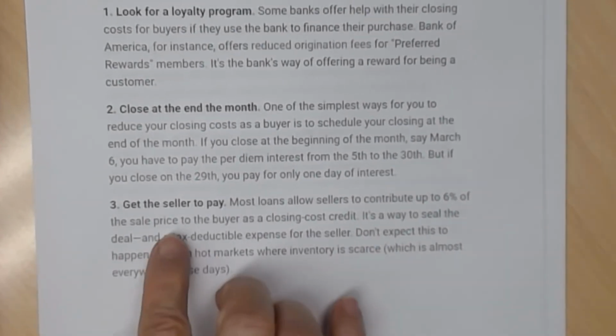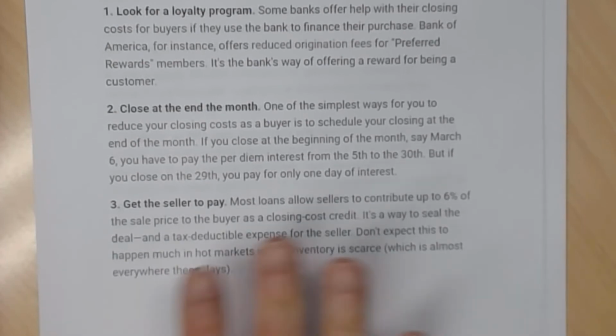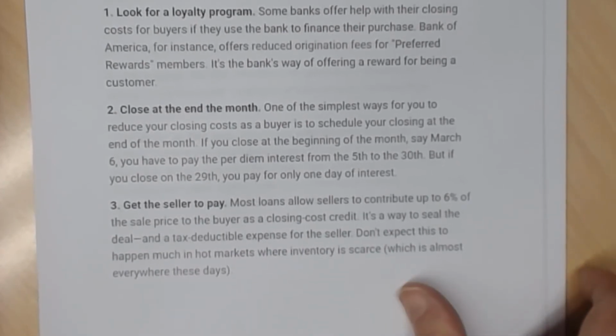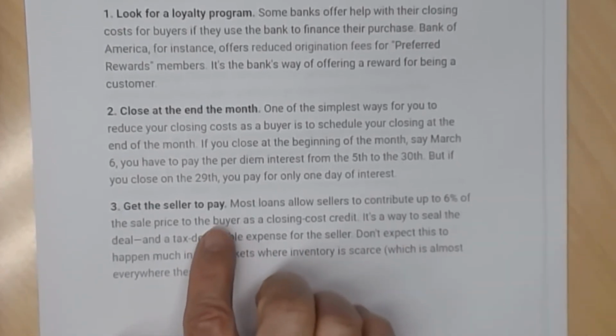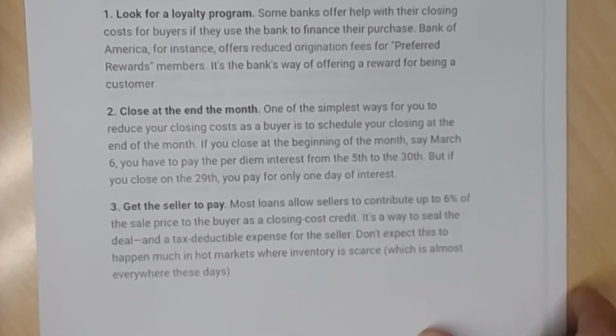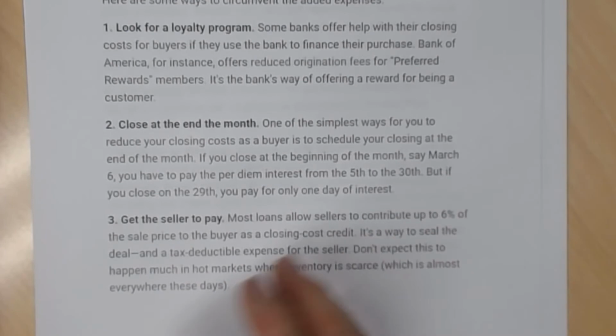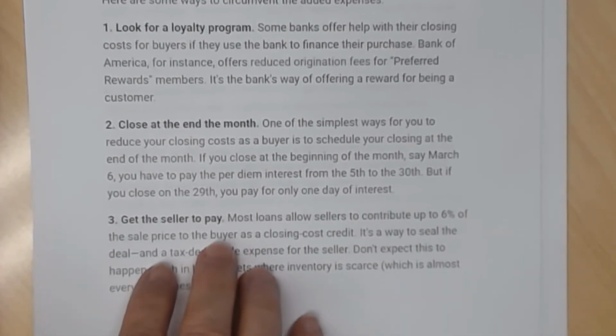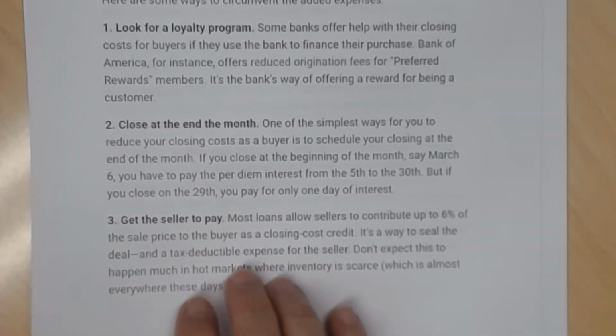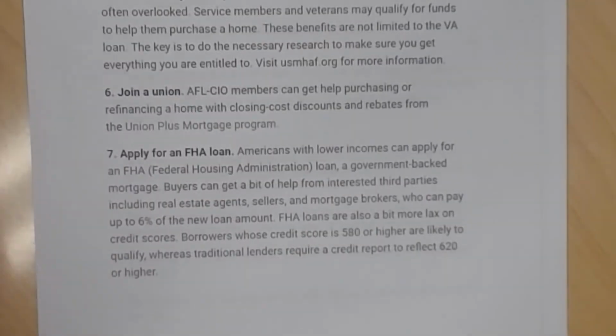You can get the seller to pay. Some people do that. They'll tell the seller, you go ahead and pay the closing costs, the points, or actually some of the fees as well. So it's not just the points. It could be any type of closing cost.